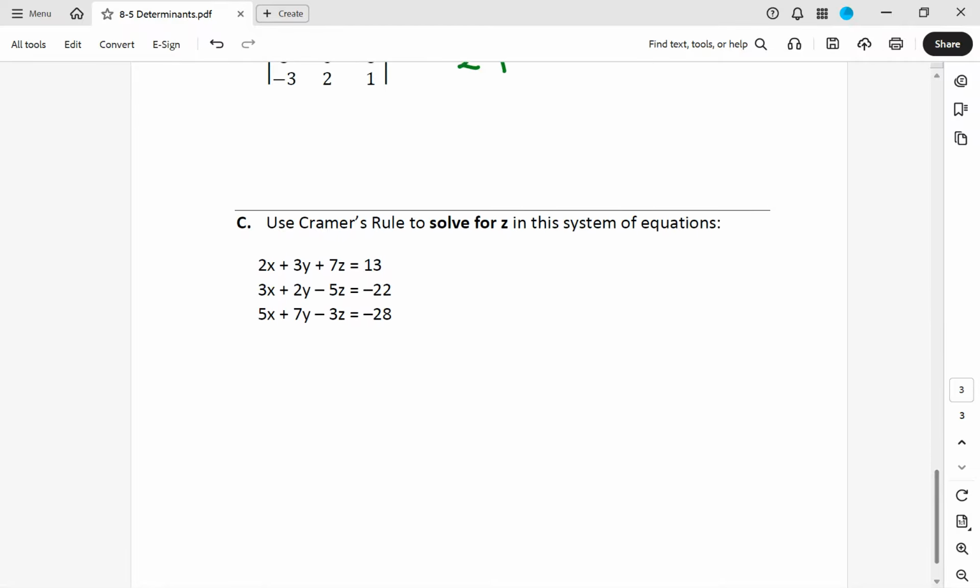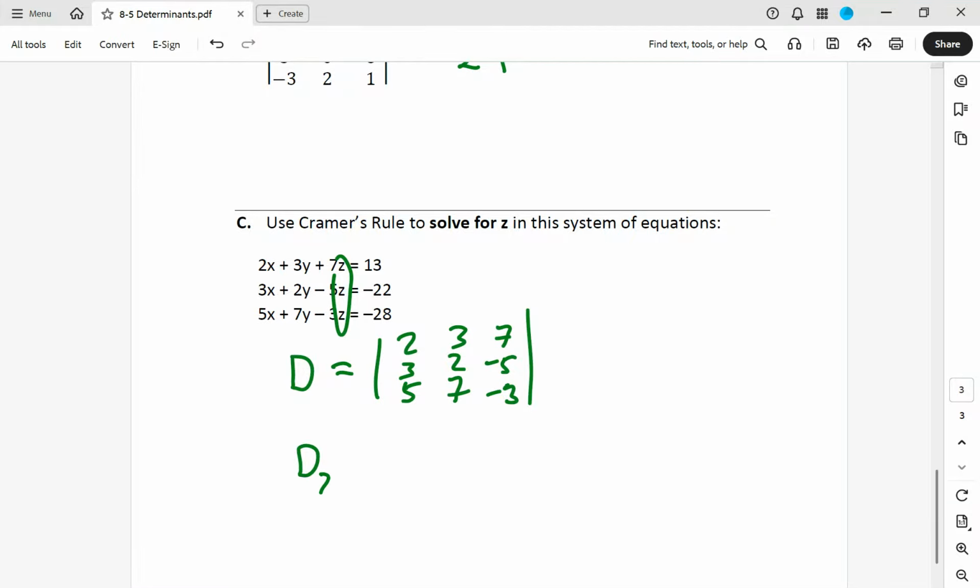Okay, and this one now, if you solve just for the z's, then you have to be careful of the matrices. I will write up the matrices here. The D matrix does include the coefficients of the z's. So the D matrix will be 2, 3, 5, 3, 2, 7, 7, -5, and -3.